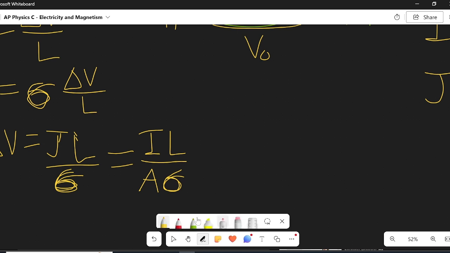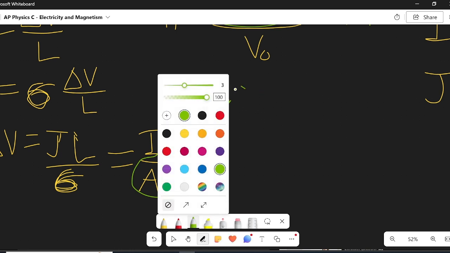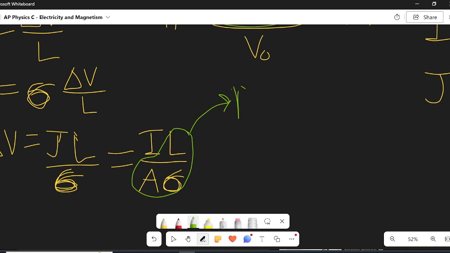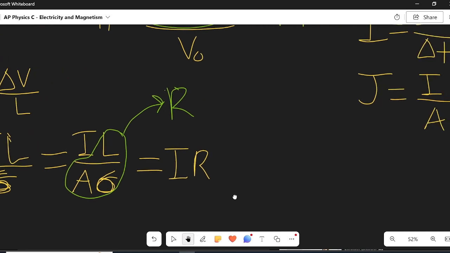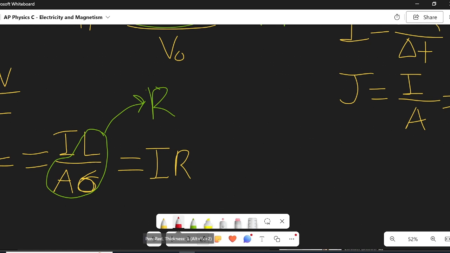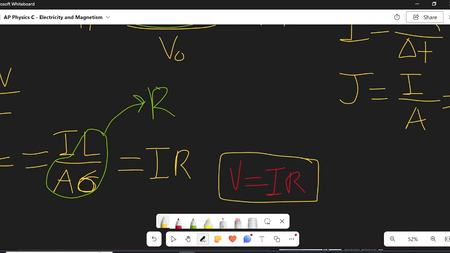If we isolate this product, this is what we call the resistance of a resistor, or in general, the resistance of the circuit, R. So we can simplify this to I times R. So now we have a much more applicable form of Ohm's law, where V equals IR. And right here, this is going to be a golden rule for solving circuits.